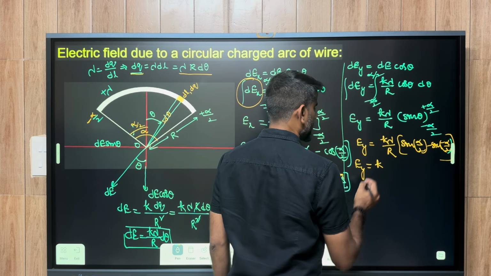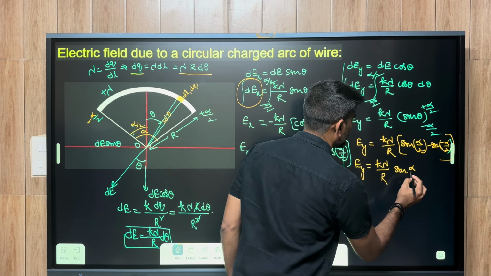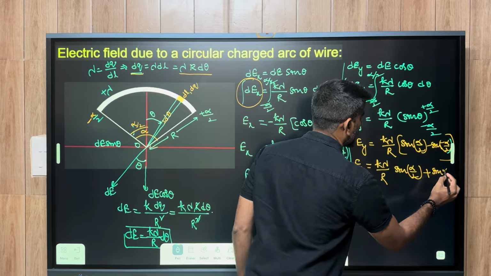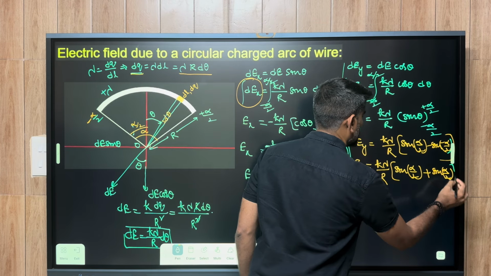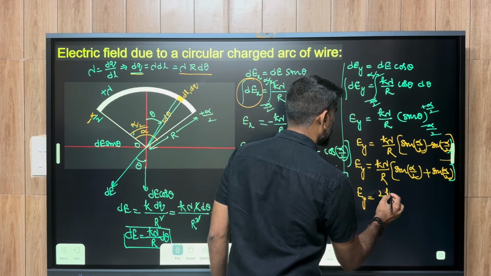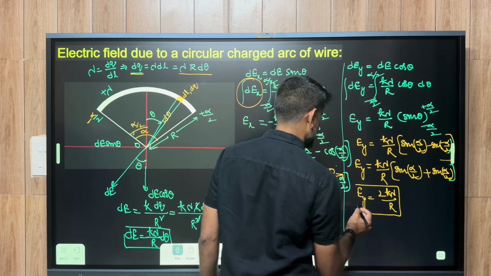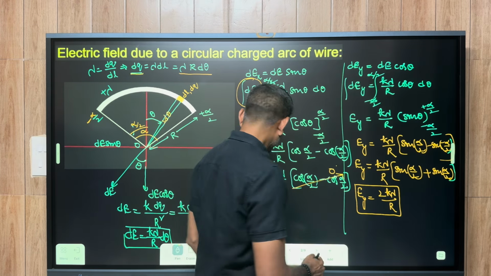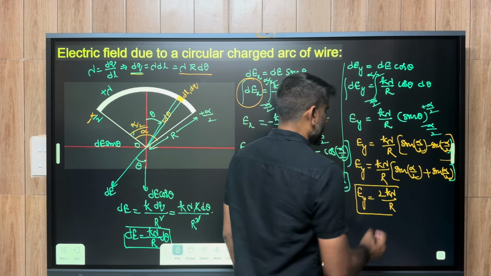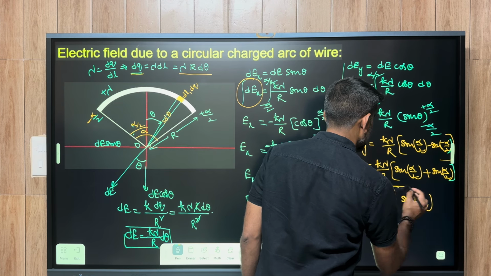So Ey is equal to k lambda by r times sin alpha by 2 plus sin alpha by 2. So the result will be Ey is equal to 2k lambda by r into sin alpha by 2.